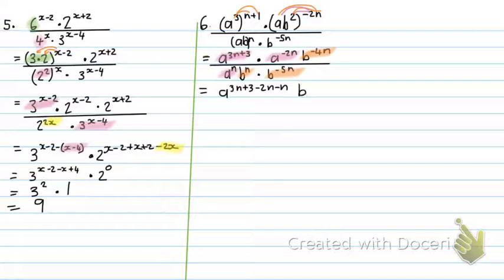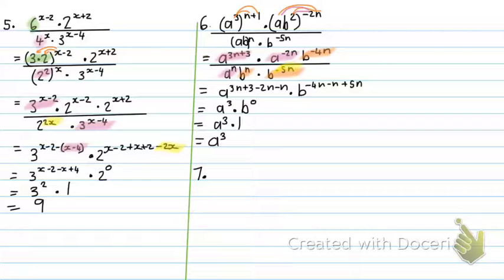Then the b's, negative 4n minus n plus 5n, because it's minus negative 5n, so it's plus 5n. Then the a's will add up to 3, a to the power 3, and b to the power 0. So b to the power 0 is 1, anything to the power 0 is 1. a to the power 3 times 1 is a to the power of 3.